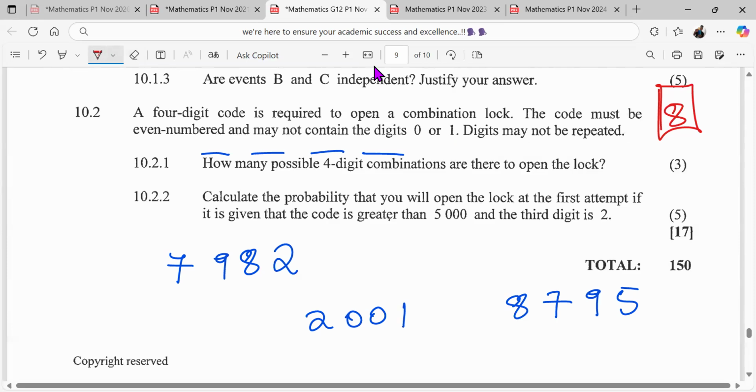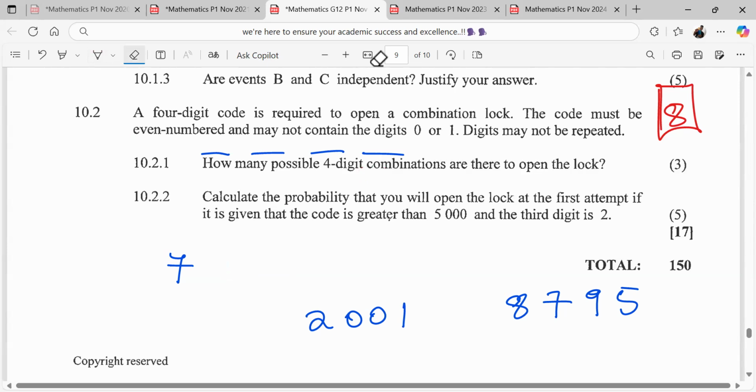And even though they didn't say how many possible four-digit even combinations are there, even though the word even is not there in their statement, you know that it must be an even four-digit code, because the statement told you that it must be even.